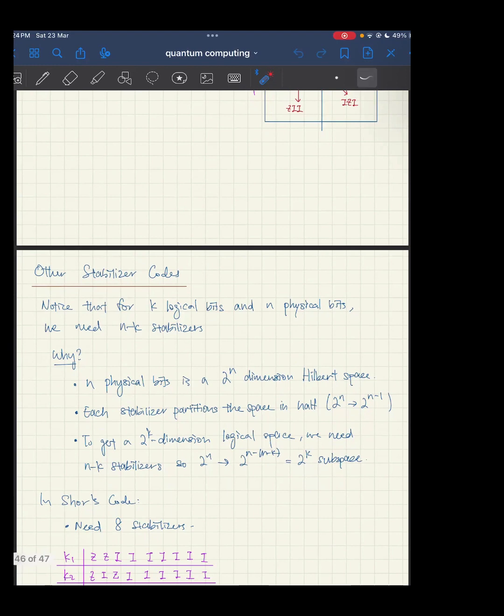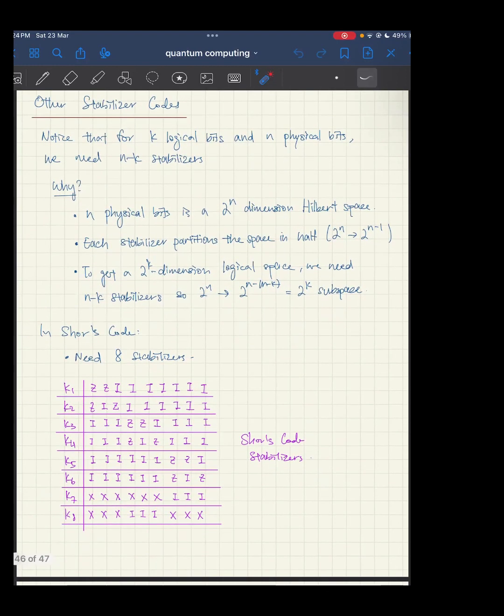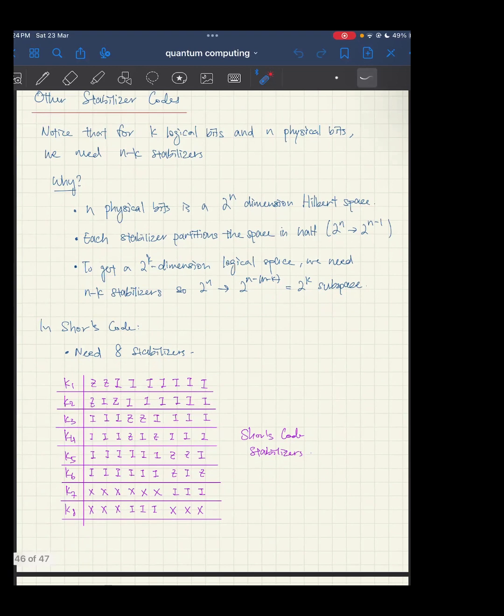And lastly, the Shor code also happens to be a stabilizer code, right? In the Shor code, recall that there are 9 physical qubits, and we are trying to protect one logical bit, which means we need 9 minus 1, which is 8 stabilizers. And indeed, these are the stabilizers for the Shor code, right, given below.